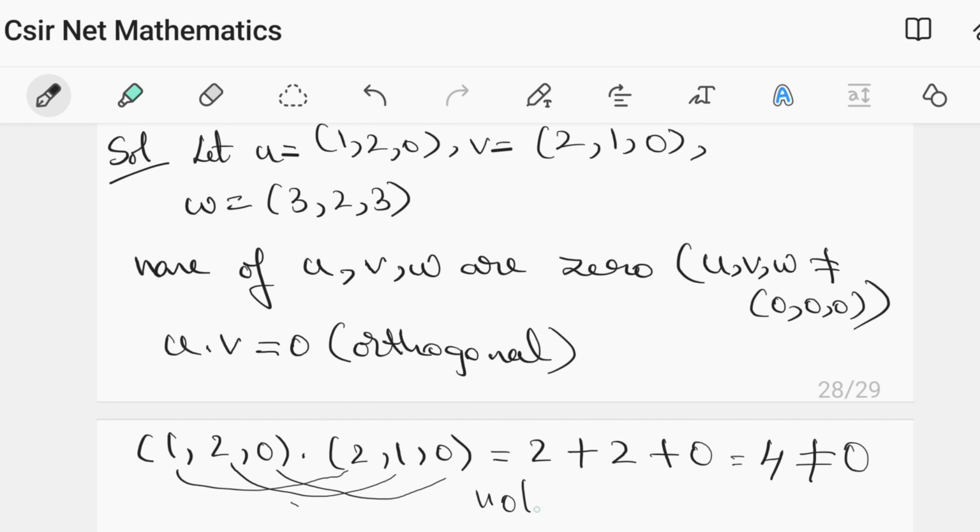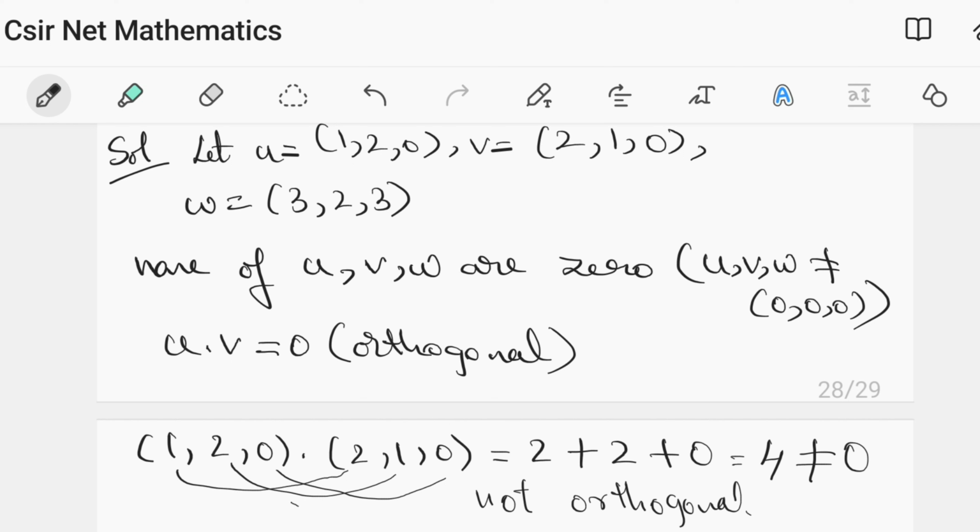So they are not orthogonal. Similarly, you can check all the other combinations, that is V dot W and U dot W. They are not going to be equal to 0.